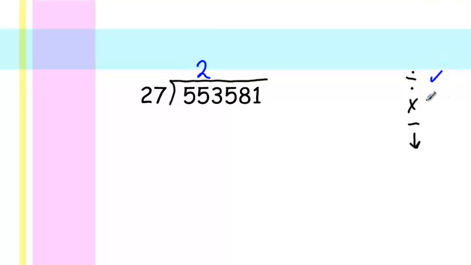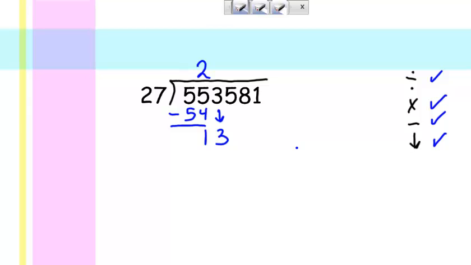Now the multiply step, 2 times 27 is 54. That's the multiply step. Now the subtract step, 54 from 55 is 1. Now the bring down step, bring down the 3.